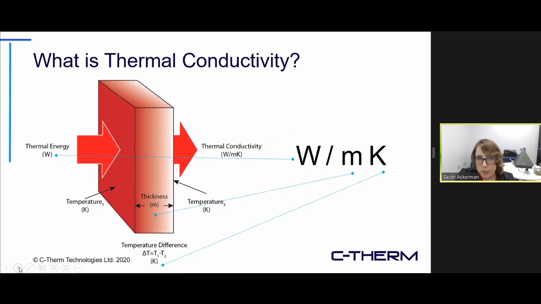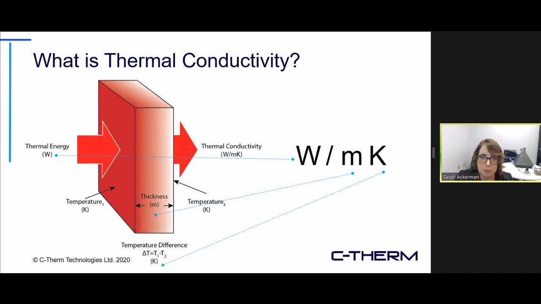So we've talked about thermal management. I'm going to pivot a little bit to thermal conductivity. Specifically, thermal conductivity is a key property for thermal management design. And the reason is that thermal conductivity is the intrinsic material property, when you're dealing with a pure material, that governs the rate of heat flow in watts through a material of a certain thickness.